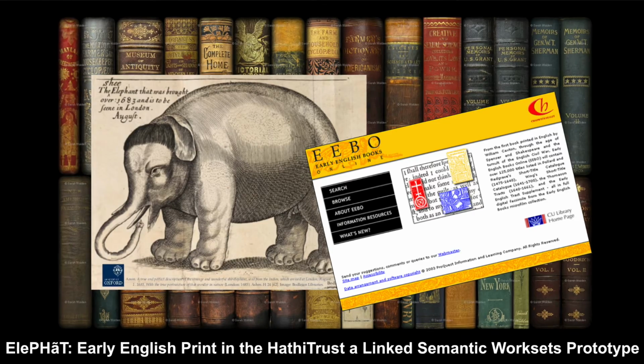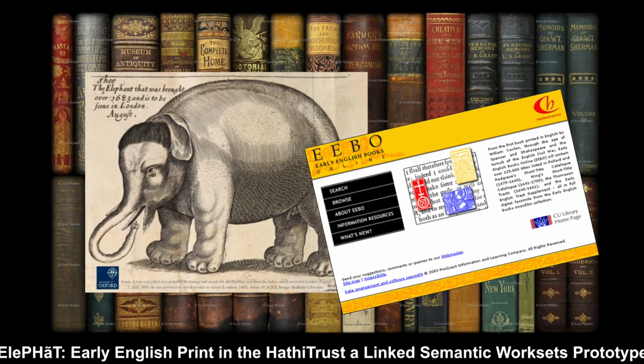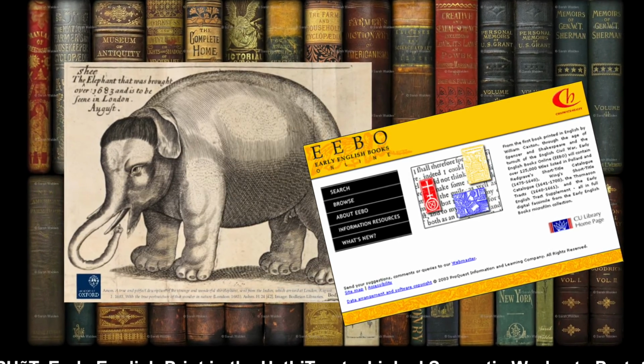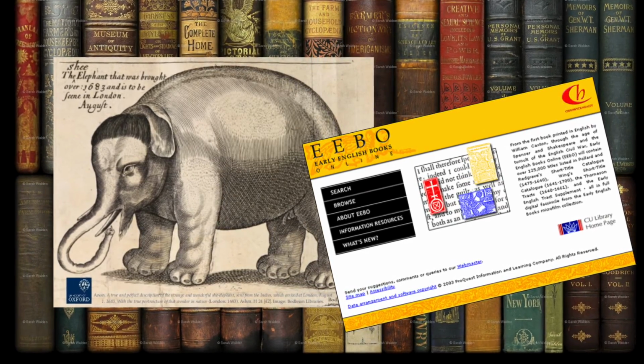The Elephant project was a fascinating case study example because the data that we worked with was based on the information provided by the original historical source. So these are texts, volumes, published pamphlets written between the late 1400s and before the start of the 1700s, so all historical text.